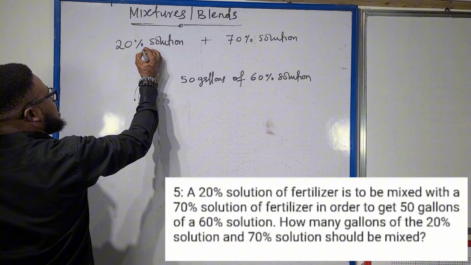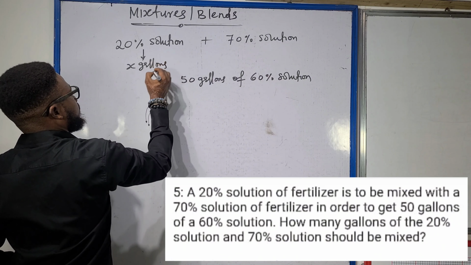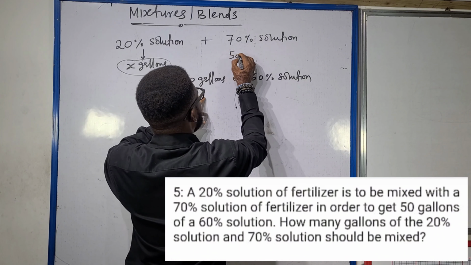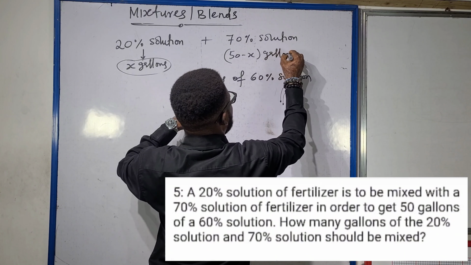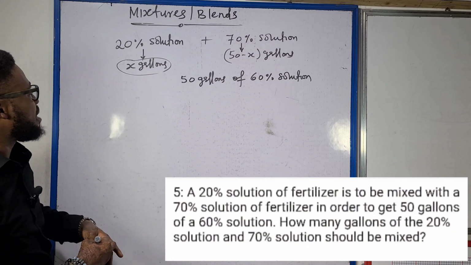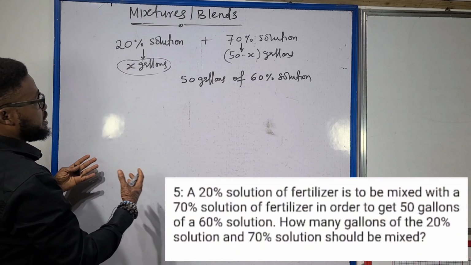So I'd rather say, let this be x gallons and let this be 50 minus x gallons. That way, I'm using x as my variable, and from this I can now create my equation.